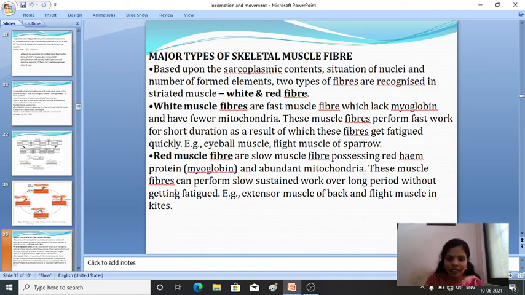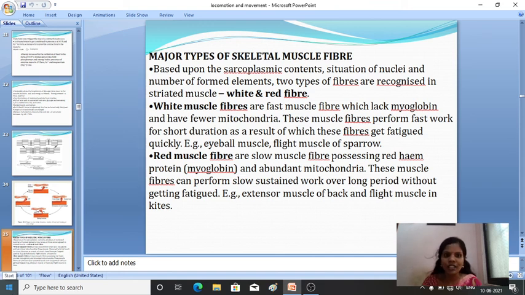And these muscle fibers can perform slow sustained work over a long period of time without getting fatigued. Okay, they never get tired, they keep on working. Like for example extensor muscles of the back and the flight muscles in kites. Fine. So these are the major types of skeletal muscles.